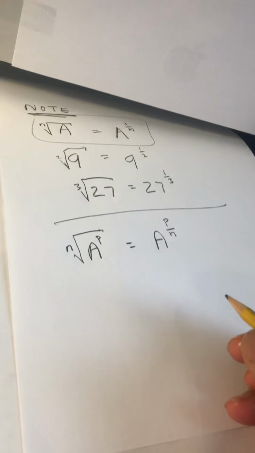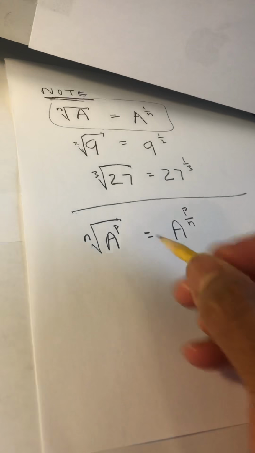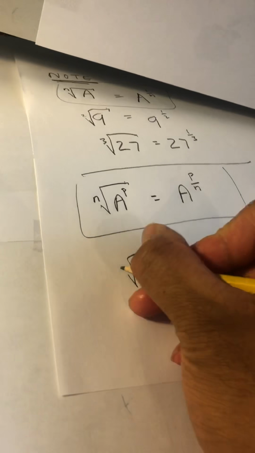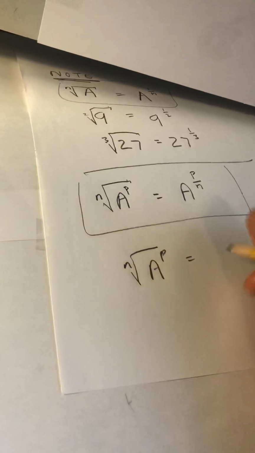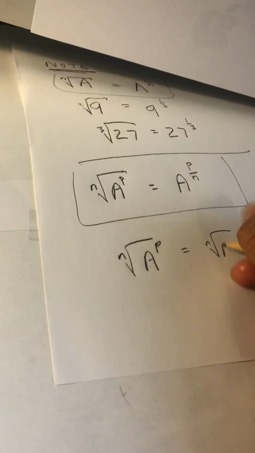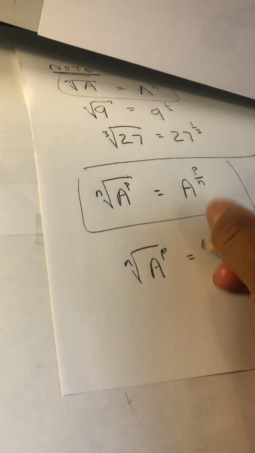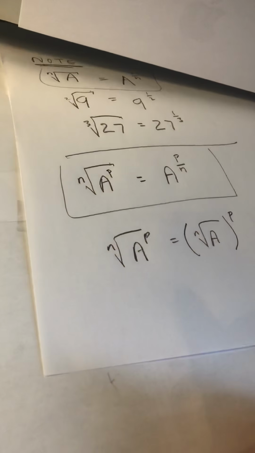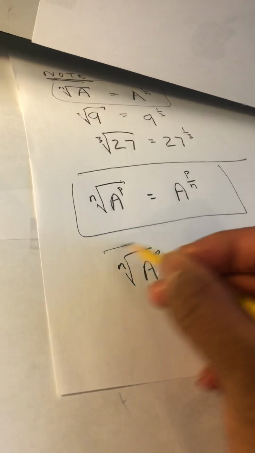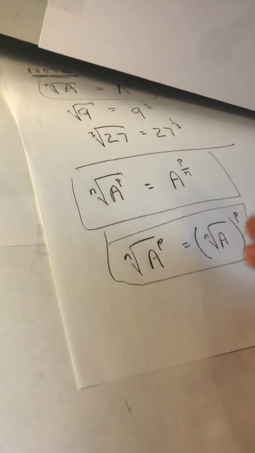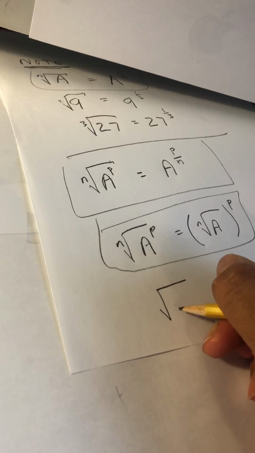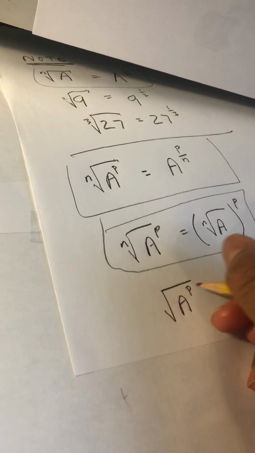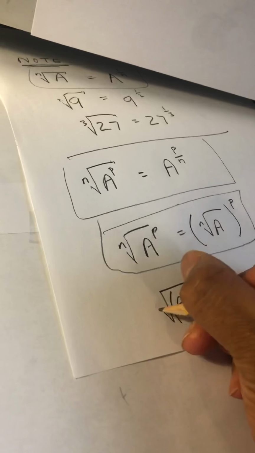I know it's a lot of rules to think about. Another rule you have to know is that you could look at the nth root of a to the p as the nth root of a raised to the p power, or you can look at it as a to the p done first and then taking the nth root.